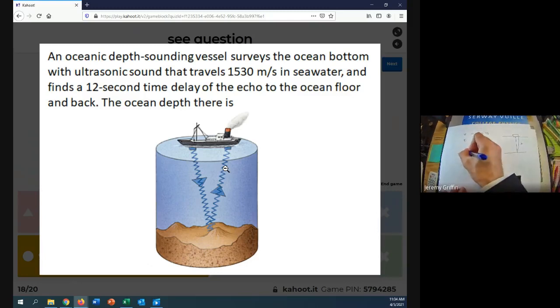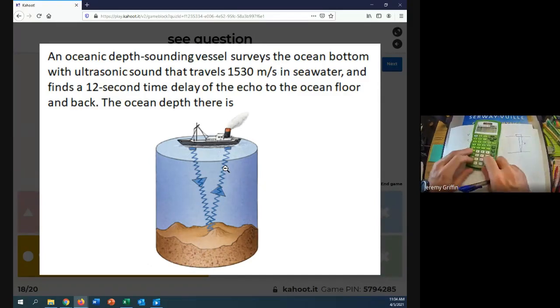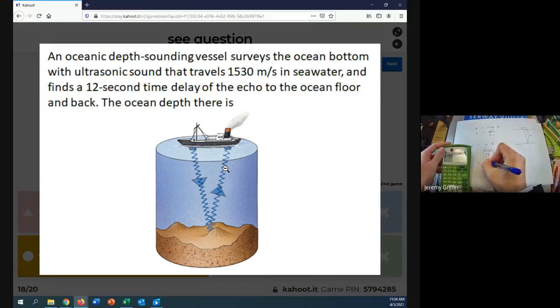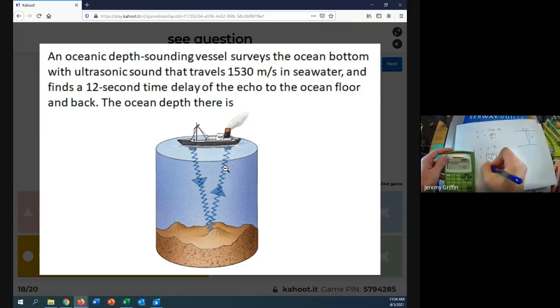So I can just do distance equals speed times time: 1530 meters per second for 6 seconds. 1530 times 6 gives me 9180 meters. Another way you could have done this is to use the full time interval and then divide your final answer by 2, because it went down and back up. Got it?